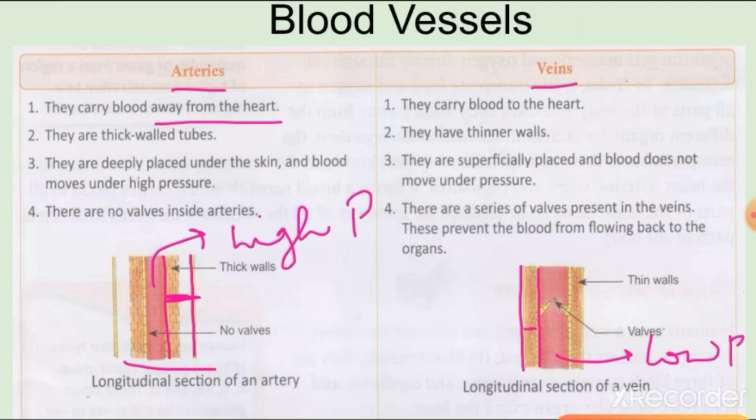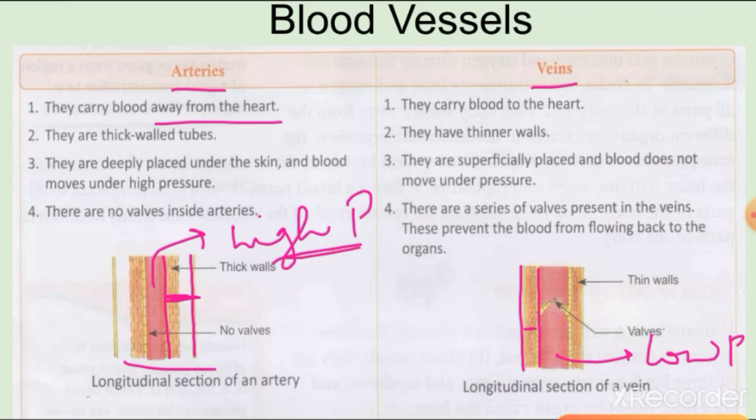It pumps the blood. So when the heart pumps the blood, that blood is taken by the arteries. That is why the arteries have a high blood pressure, because whenever the heart is contracting, all that pressure is being experienced by the arteries. So that is why the blood in the arteries flows with high pressure.